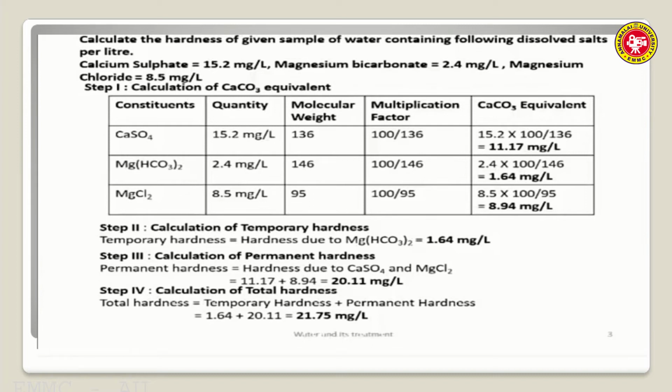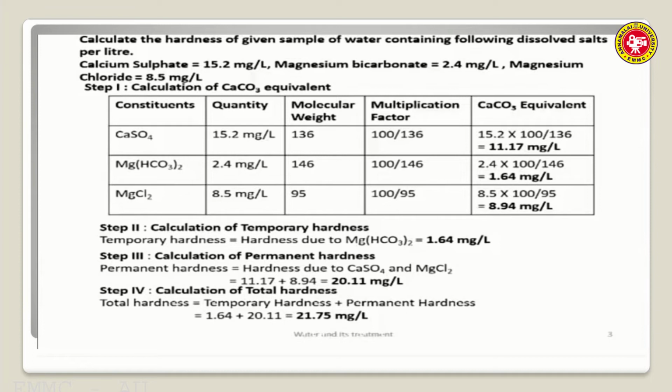Magnesium bicarbonate has been converted into calcium carbonate equivalents, and the result is 1.64 milligrams per liter. Similarly, magnesium chloride, which is present around 8.5 milligrams per liter, is converted as 8.5 into the multiplication factor 100 by 95. 100 is the calcium carbonate molecular weight and 95 is the magnesium chloride molecular weight.